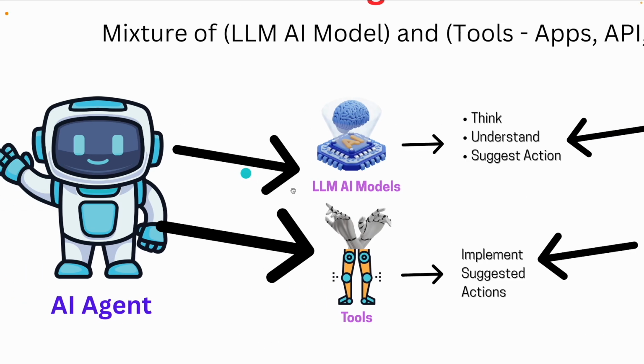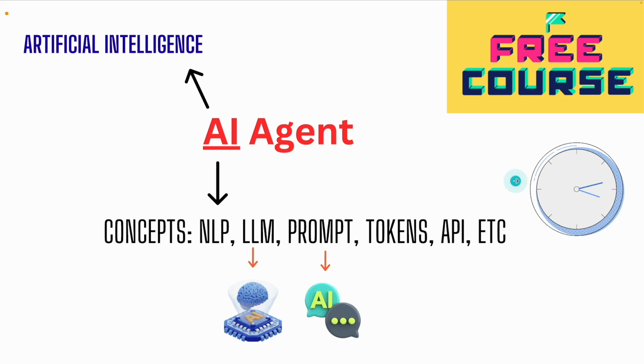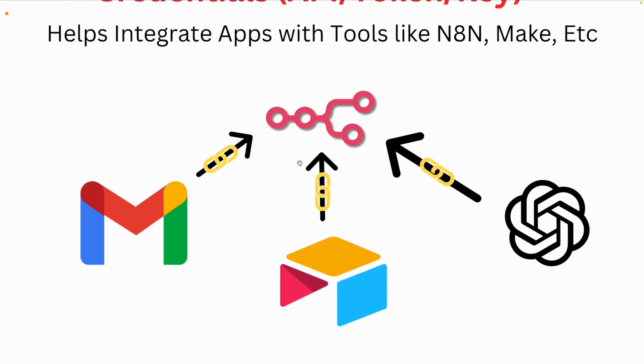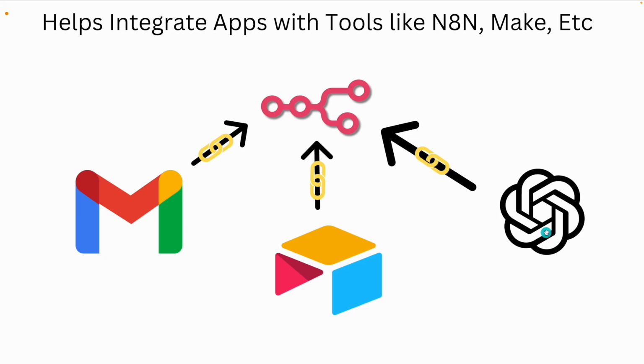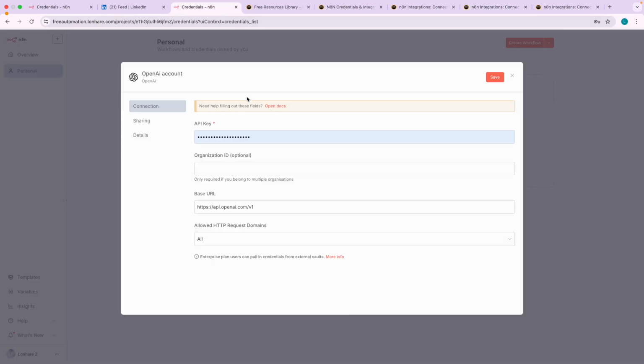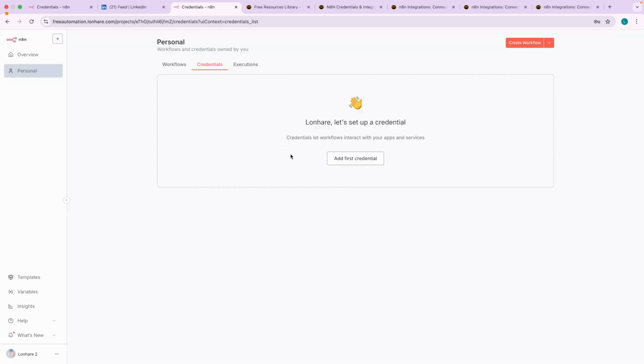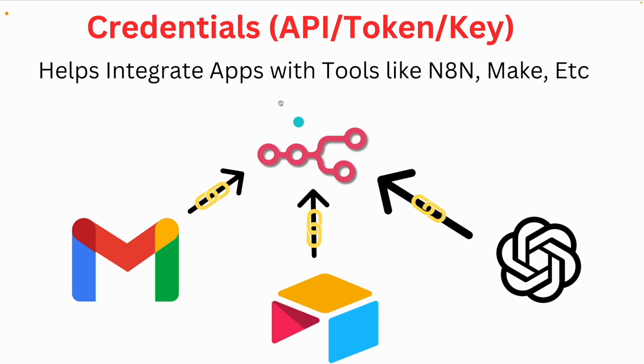But just understand the concept of credentials. We use plenty of different apps inside N8N. First we need to connect them, and only then will we be able to use them. That is where credentials are very helpful.